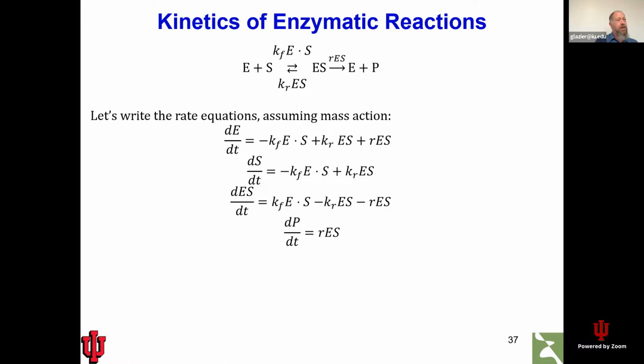Just walk your way through how many arrows point to an enzyme, either point towards or away from the enzyme. The enzyme is just E. 3, yes. So that means there are going to be 3 terms in your equation for E. How many point to S? 2. So there are going to be 2 terms.